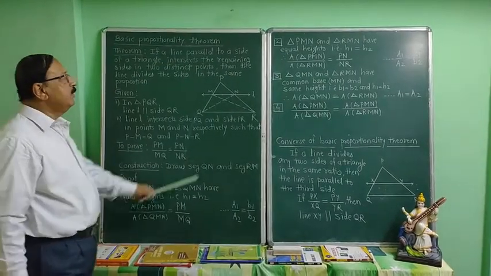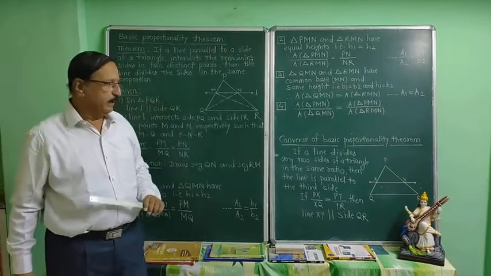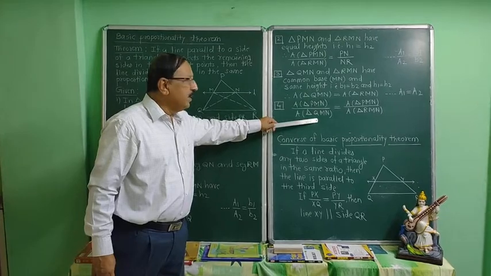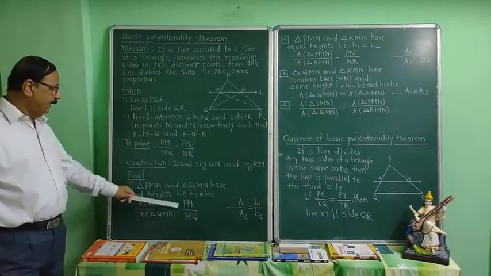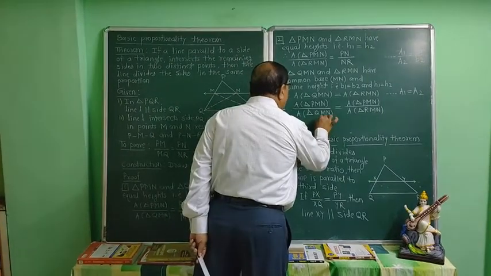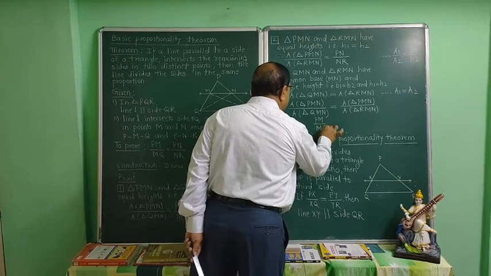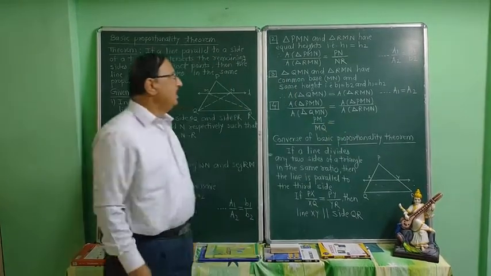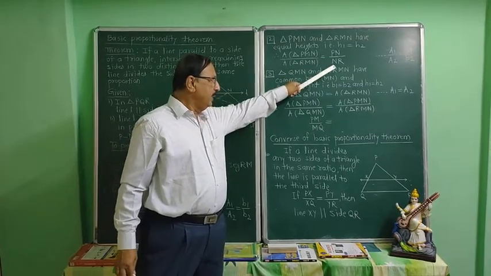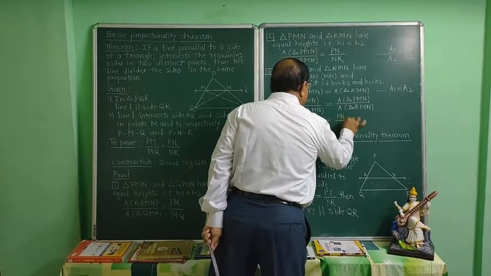Then what is this? Area of triangle PMN upon area of triangle QMN is nothing but PM upon MQ. Therefore this PM upon MQ is equal to, what is the ratio of this? It is equal to PN upon NR.